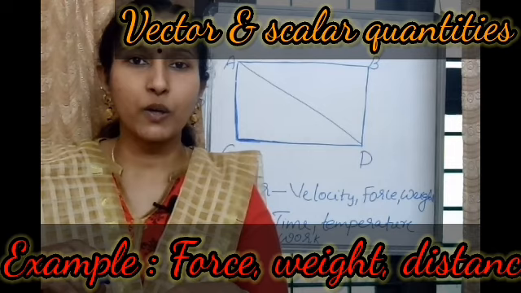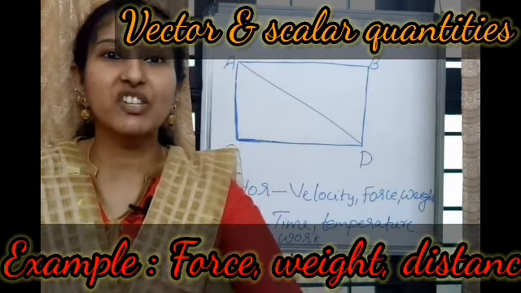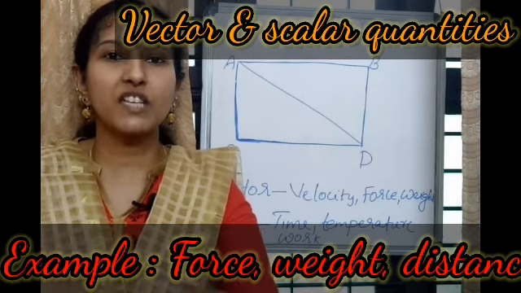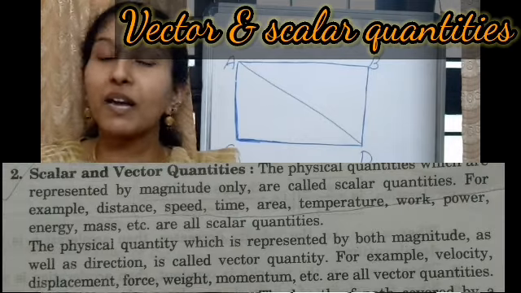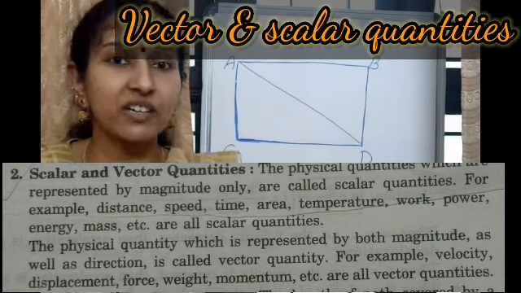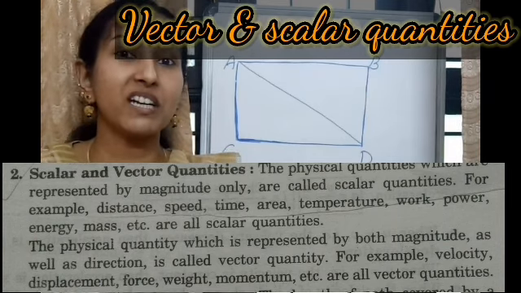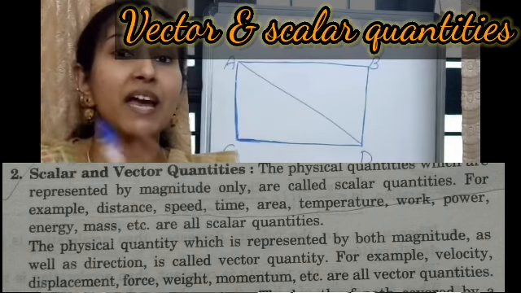Now I am standing, and my body exerts force in the downward direction. So there also a direction is there. For example, 60 Newton down, number plus direction. So if a quantity contains both number and direction, it is a vector quantity. That is magnitude. Vector quantities are the quantities which have both magnitude and direction.